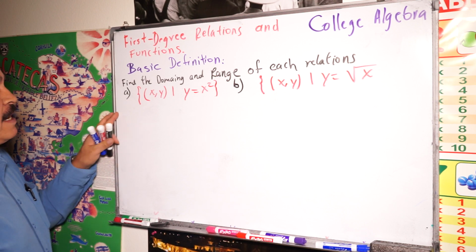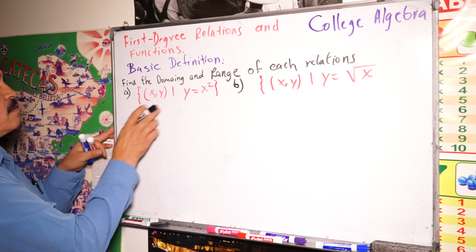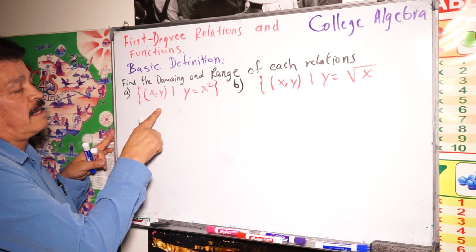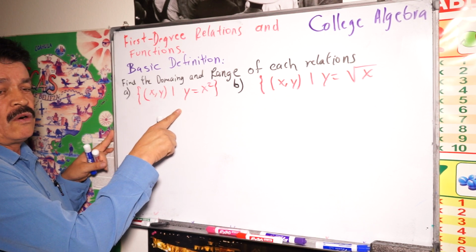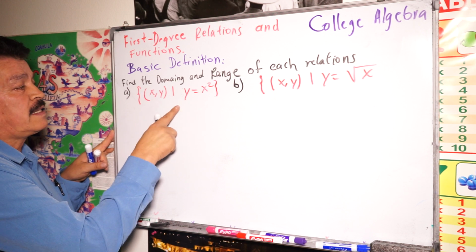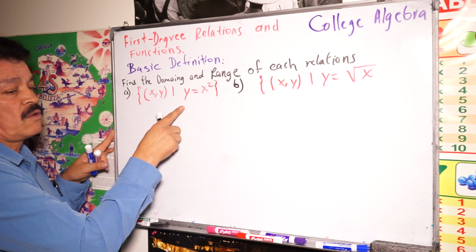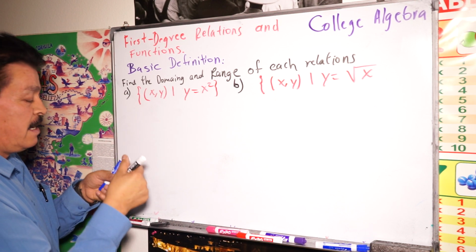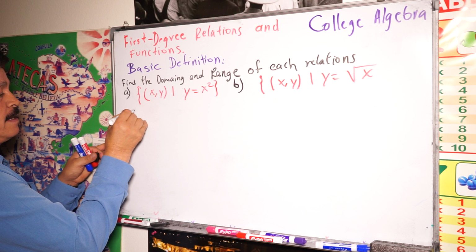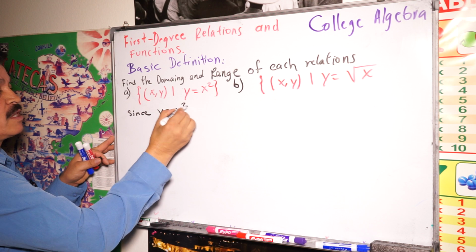So, problem A. Here x is able to take any value, while y is always non-negative, since y equals x to the second power.